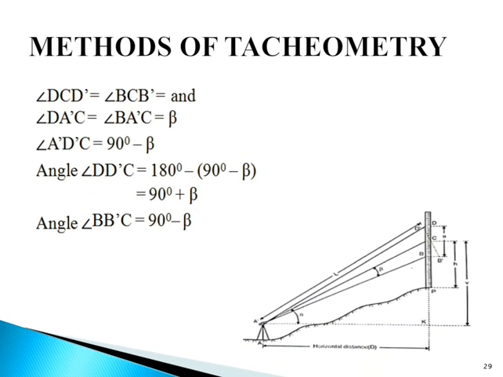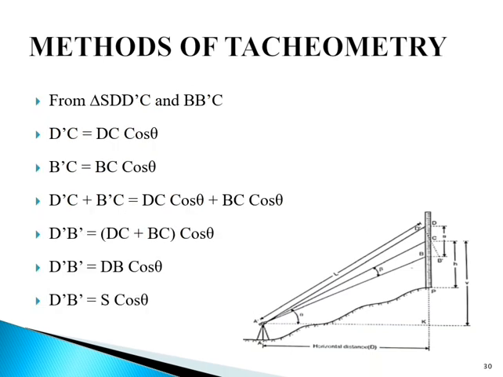So angle A'D'C is equal to 90 degree minus beta. So angle D'C will be 180 degree minus (90 degree minus beta), which simplifies to 90 degree plus beta. So angle B'C will be 90 degree minus beta.